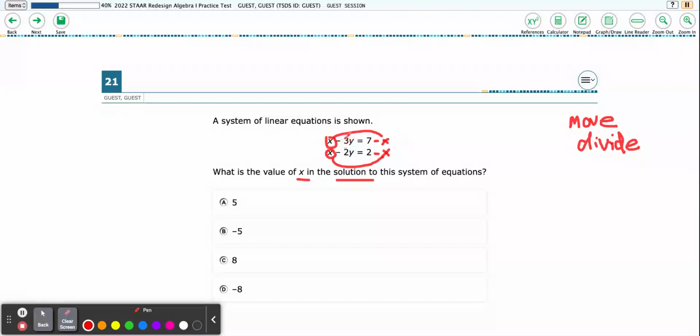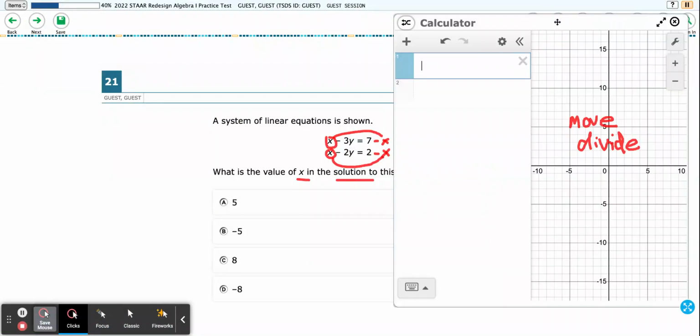And then I'm going to divide by the coefficient of y, and I'm going to do that in my Desmos calculator. So I'm going to leave my writing here, but let me go back, pick up my mouse. Let's open the Desmos calculator. And I'm going to take the first equation and I'm going to put it in. I'm going to say negative 3y equals 7 minus x, because that's what I just did when I moved the x to the right.